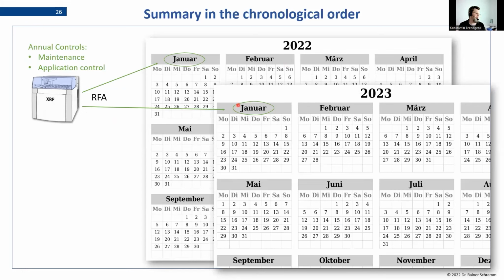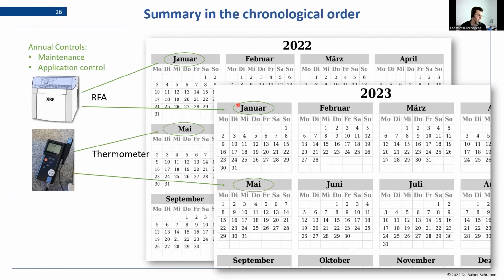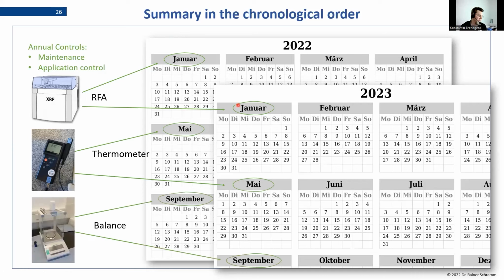So some of our applications and equipment get checked annually, but then others go, for example, the XRF can go in January, the temperature can go in May, and then the balance gets its service in September, depending on what the annual order is.